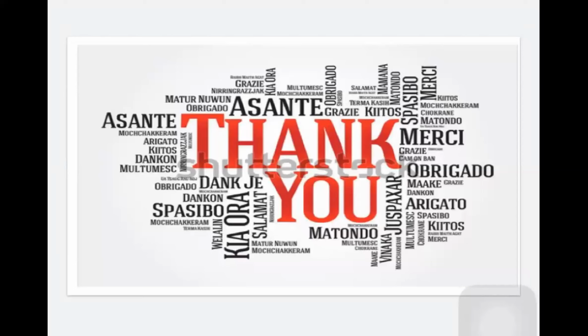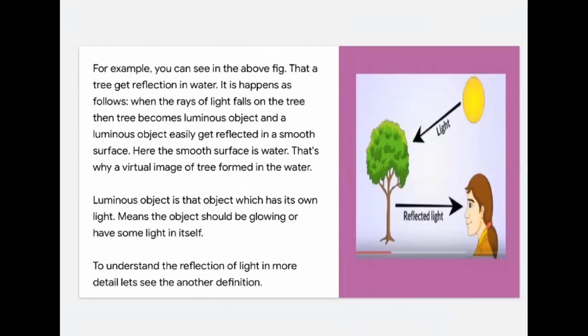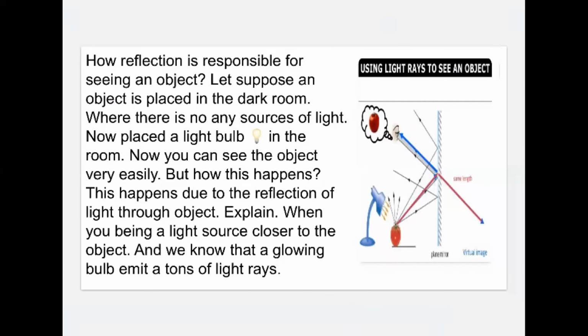So students, let us have a quick recap of what we did in today's lecture. We saw why we are able to see things. We are able to see things because of the reflection of light.